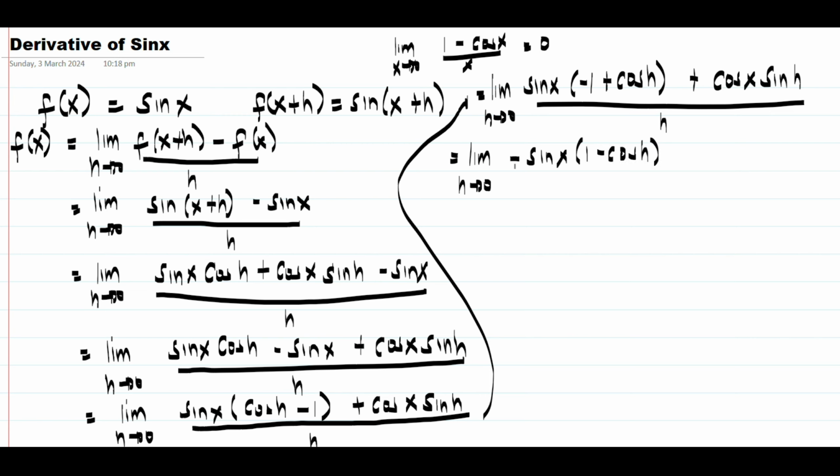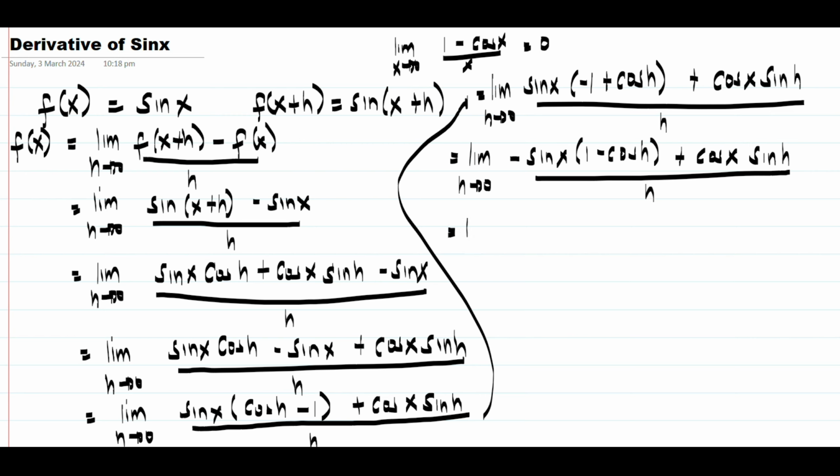As you can see, we have a negative sign: negative times 1 is negative 1, and negative times negative is positive. And then let us write cosine x sine h all over h.